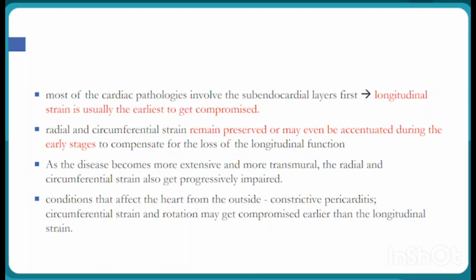Radial and circumferential strain remain preserved or may even be accentuated during the early stage to compensate for the loss of longitudinal function. As the disease becomes more extensive and more transmural, the radial and circumferential strain also get progressively impaired. In conditions that affect the heart from the outside, such as constrictive pericarditis, circumferential strain and rotation may get compromised earlier than the longitudinal strain.